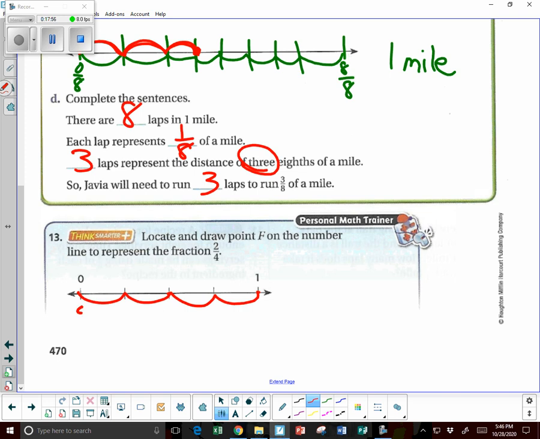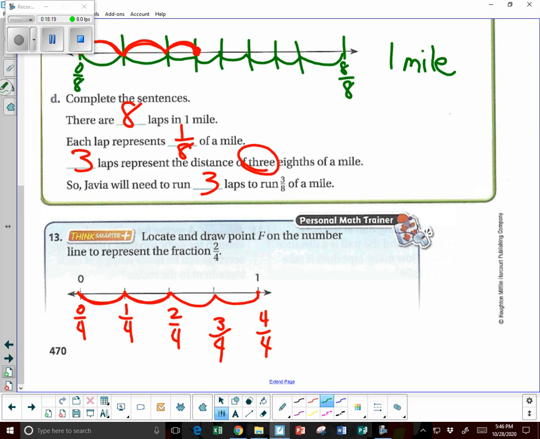So we start at 0 out of 4. We know that if there are 4 equal parts and it's 1, this is going to be 4/4. So let's just start going. There's 1/4. There's another, 2/4. There is 3/4. Okay?